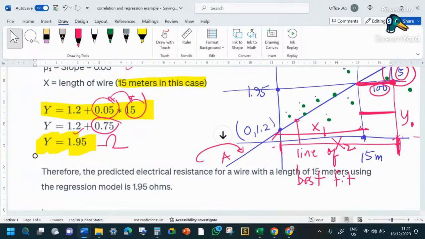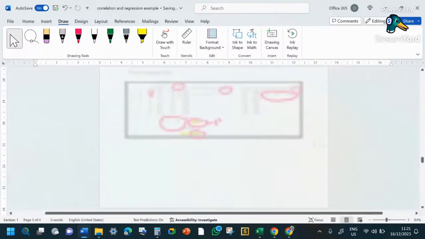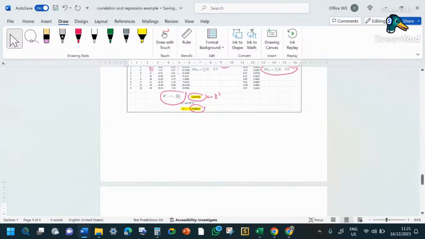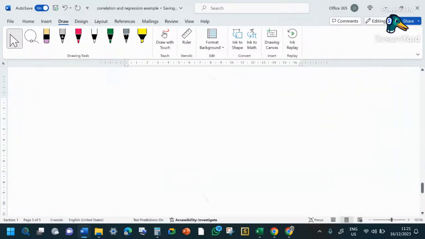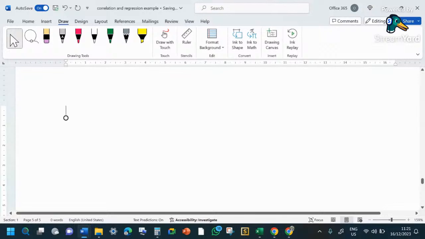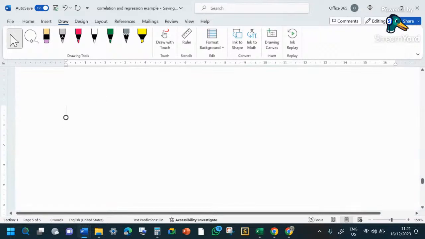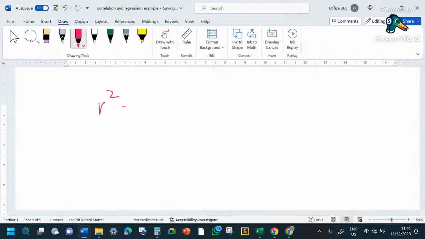To summarize, for linear regression and correlation, you need an R squared. That is what is given. In this case, it's 0.92. You need a y-intercept, which is 1.2.